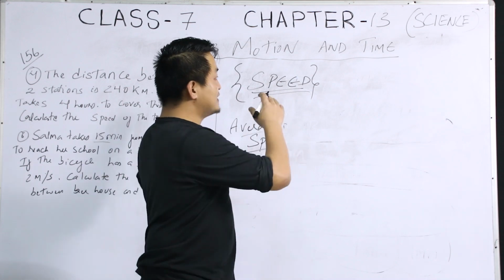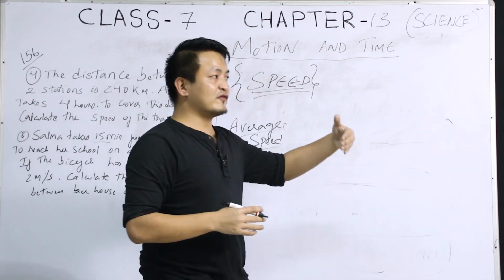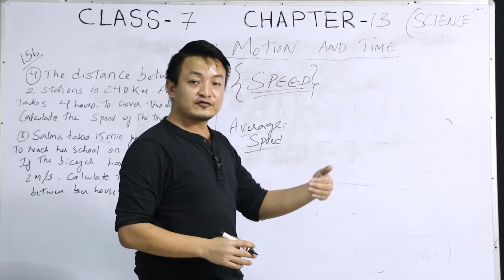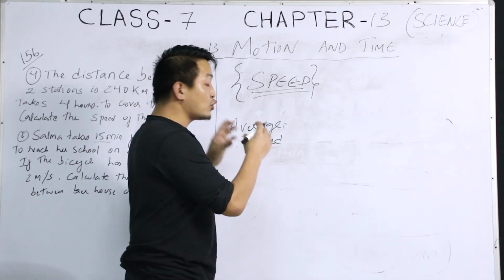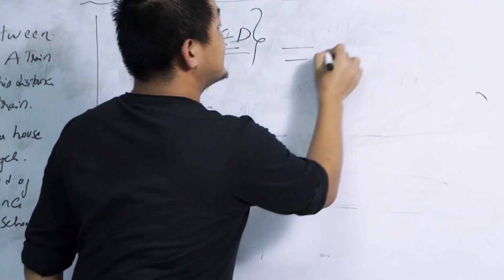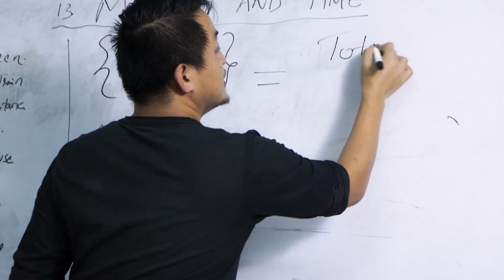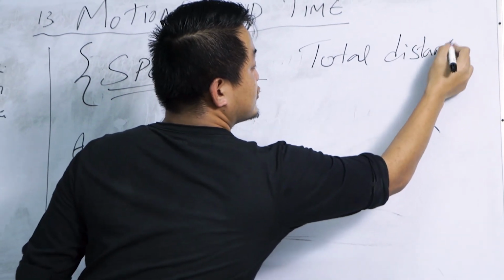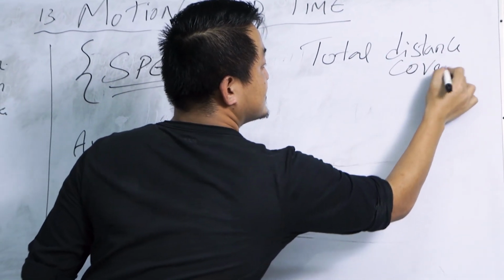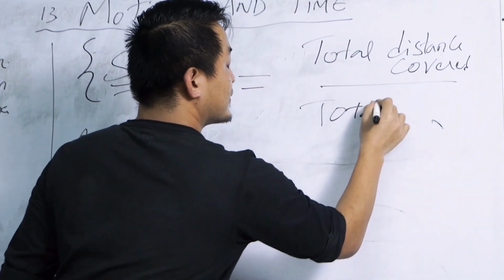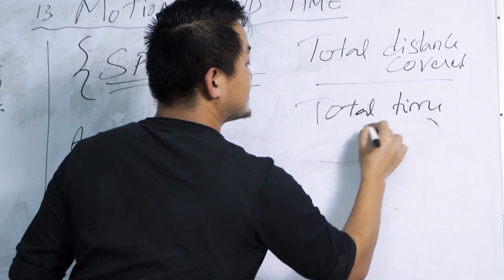In 1 minute we are covering 1 kilometer, in another 1 minute only half a kilometer. So we have to take the total distance covered. So for average speed, the formula would be total distance covered by total time taken.